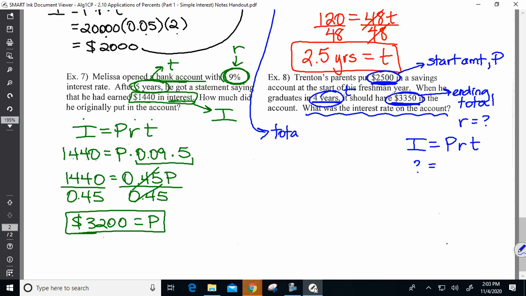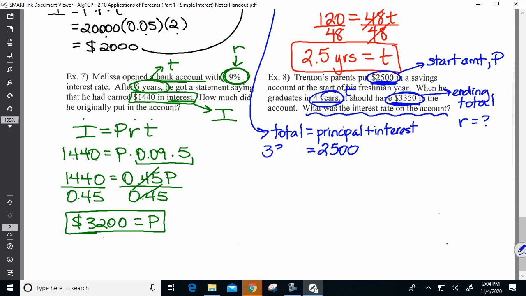Remember, your total is equal to your principal, what you started with, plus your interest. Principal is what you started with, so that was $2,500. Your total is what you ended with, $3,350. I don't know the interest. But what could I do to solve that?